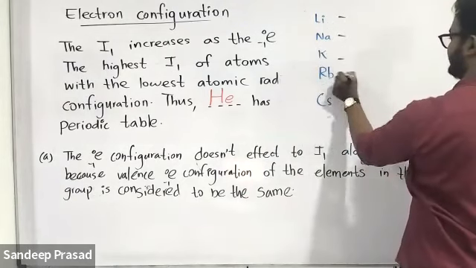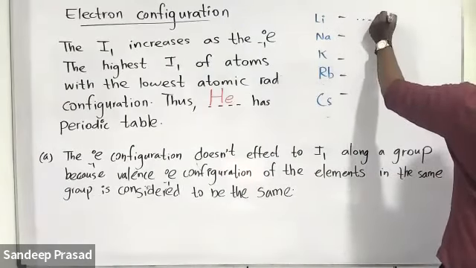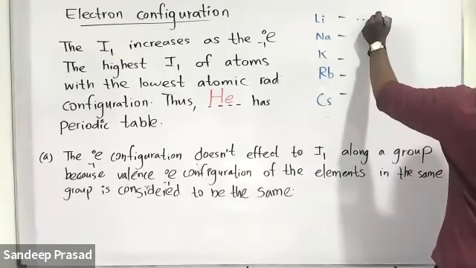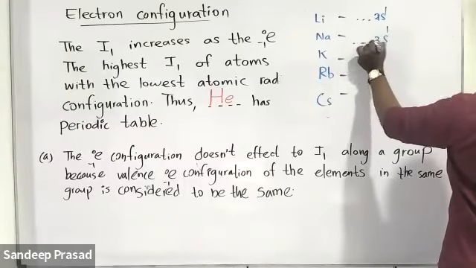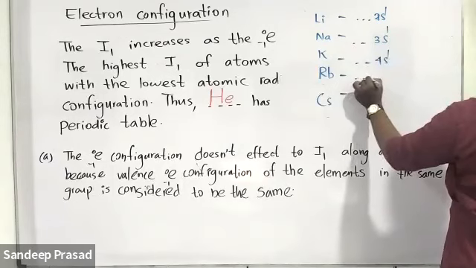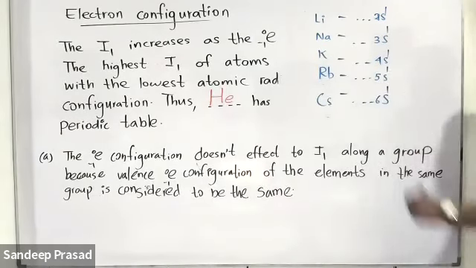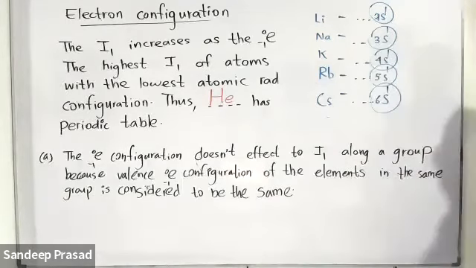I'm not going to write down the complete configuration, only the valence configuration: 2s1, 3s1, 4s1, 5s1, 6s1. Their valence configuration is always the same, s1, s1, s1, right?